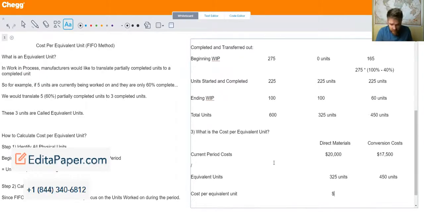It's going to be $61.54. For conversion costs, 17,500 divided by 450. $38.89. So that's it. That's how you get cost per equivalent unit.